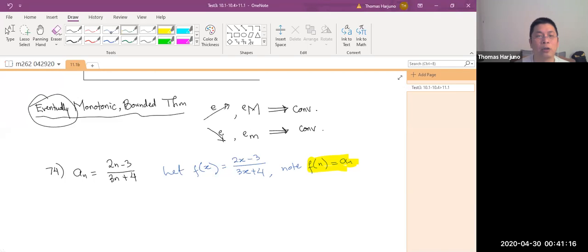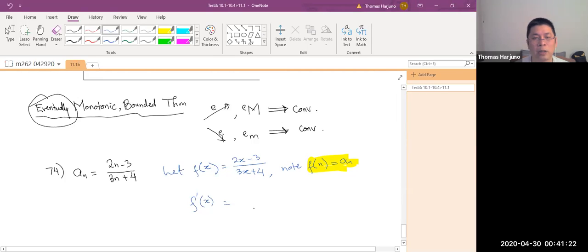Now I do the first derivative. That will be 3x plus 4 squared on the bottom, and on top we get 2 times (3x plus 4) minus 3 times (2x minus 3).